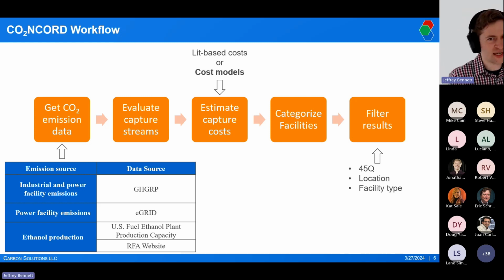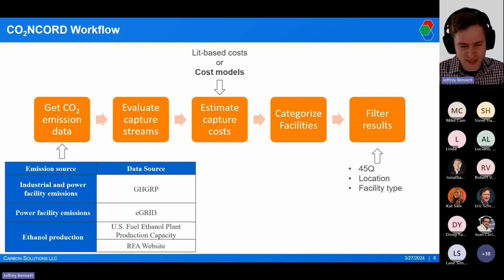Once we get all this emission data and associated data, such as fuel type being used or type of industry or process, then we start evaluating capture opportunities. Here we identify within a facility the types of different capture, and we call these the streams that are available for doing capture. This is a screening level look, so we don't know the exact layout of the plant.